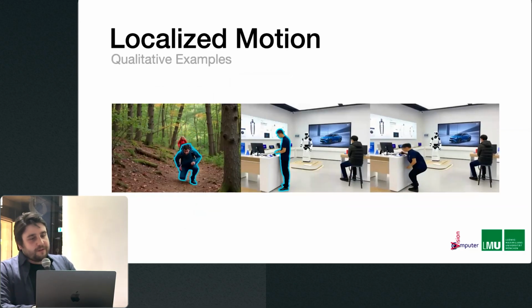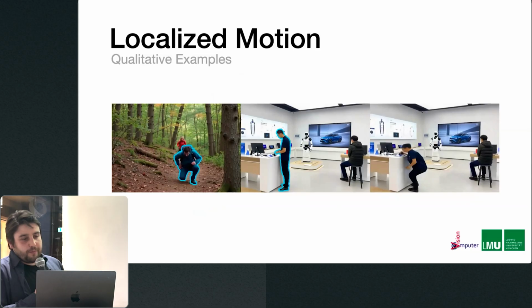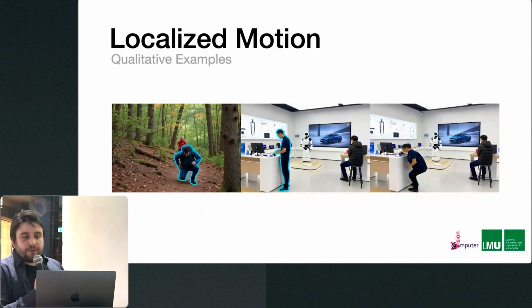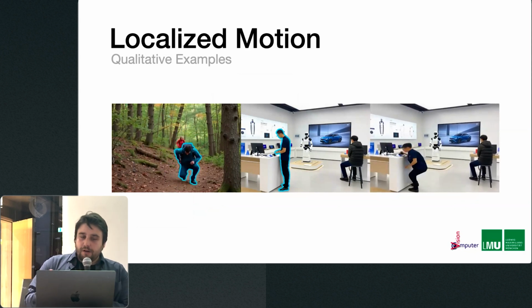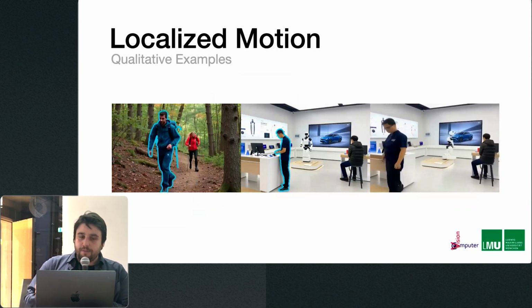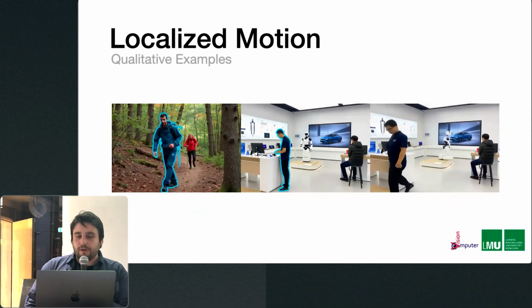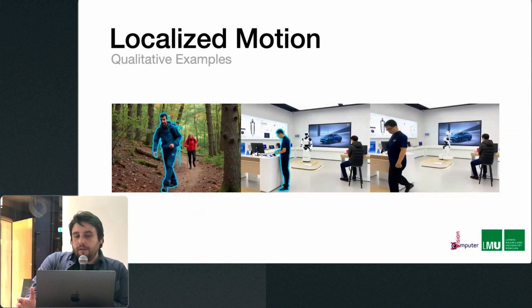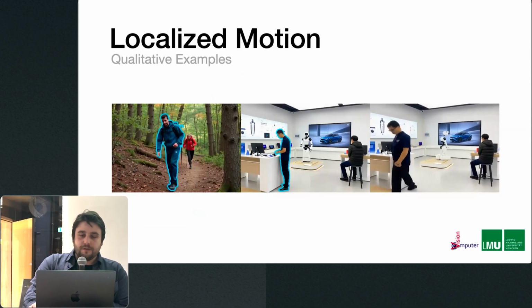Some first examples you can see here. To the left is the source input video, and the object of interest is marked by a blue outline, and the target object that we want to apply it to in the middle row is also outlined by blue. And you can see that the right object is actually doing the motion.